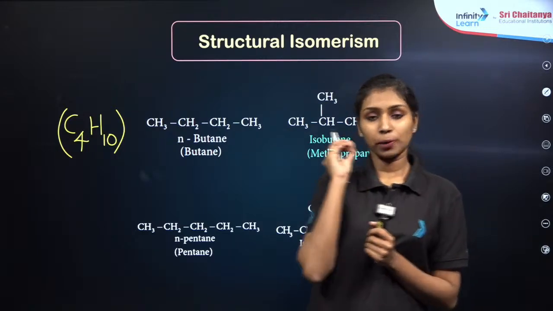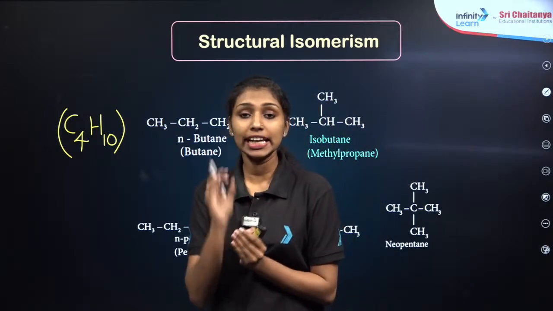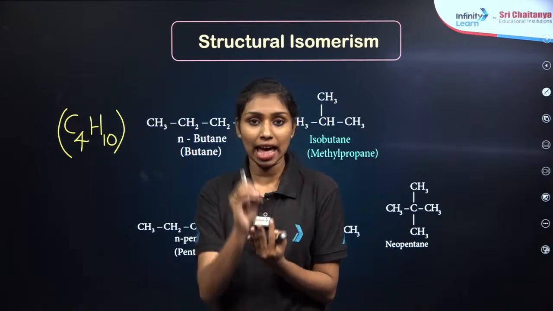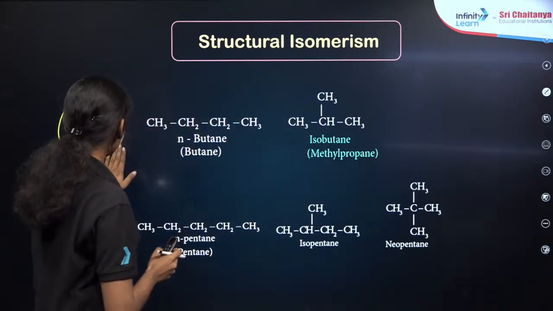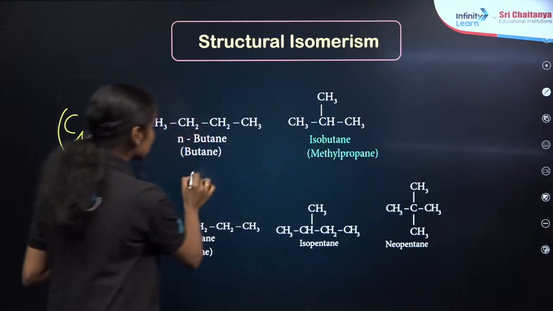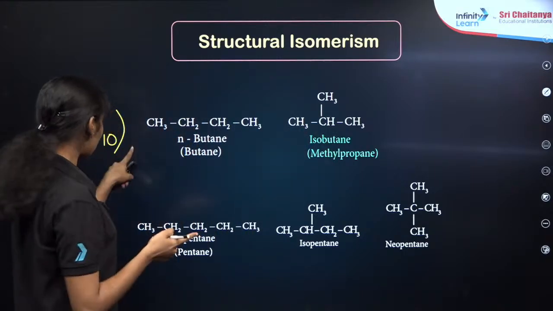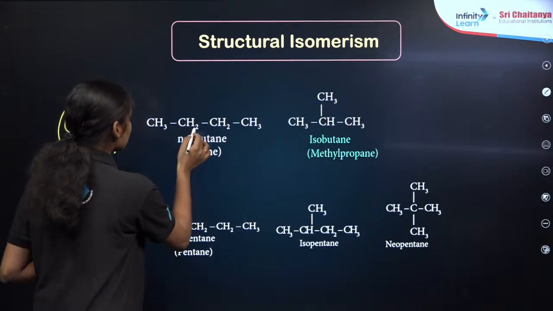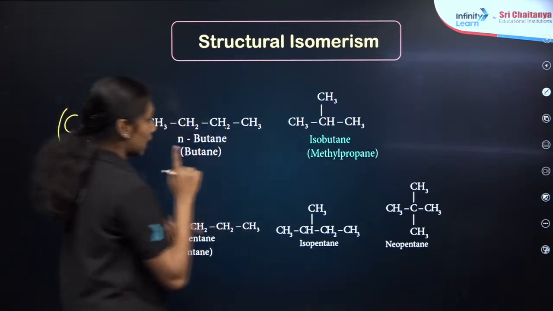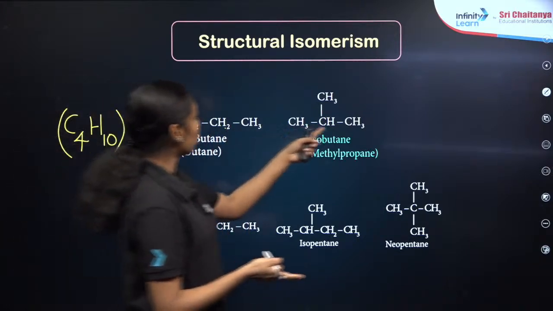Isomerism is the process in which two or more compounds have the same molecular formula. For example, if I am taking C4H10 here, these two compounds exhibit the same molecular formula of C4H10. Here 1, 2, 3, 4, 4 carbon, 3 plus 2, 5 plus 2, 7 plus 3, 10 hydrogen, right? C4H10. Then what about here?